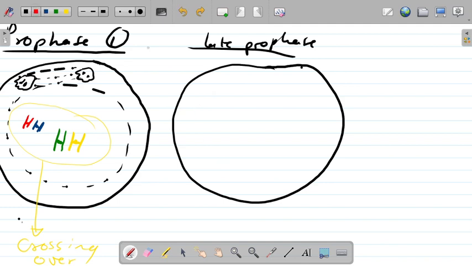You'll have a cell that has the following chromosomes. Shorter ones, these are the homologous pairs with a bit of genetic variation there. And then these ones, the taller ones. There. So that's basically what you're gonna have.